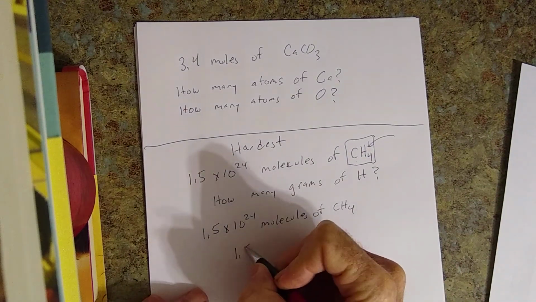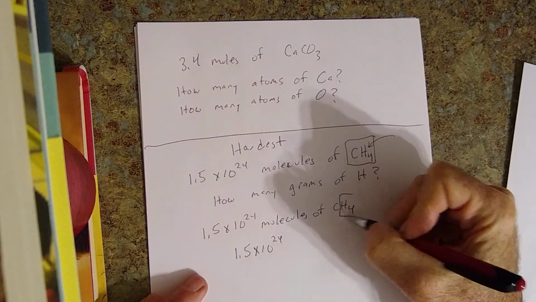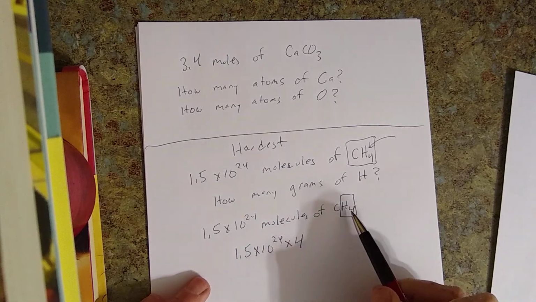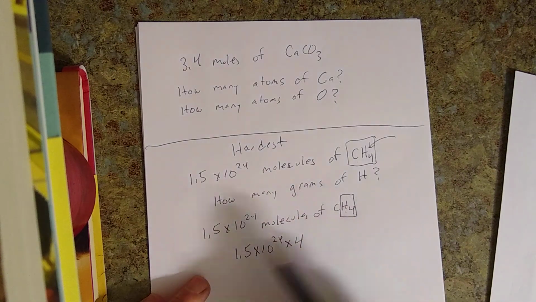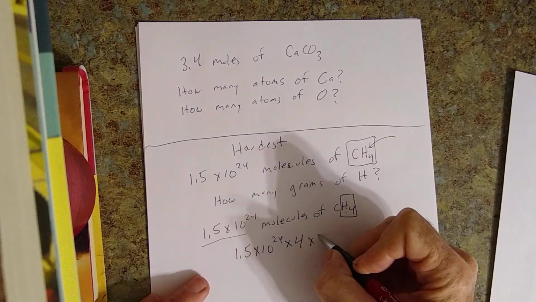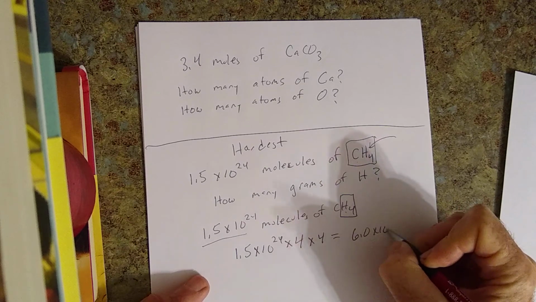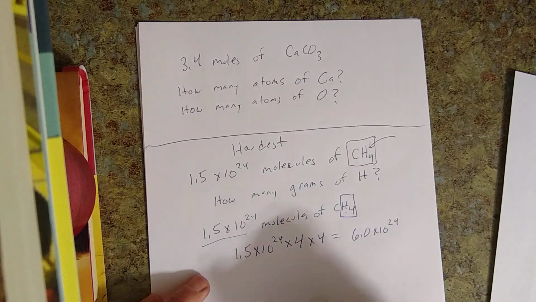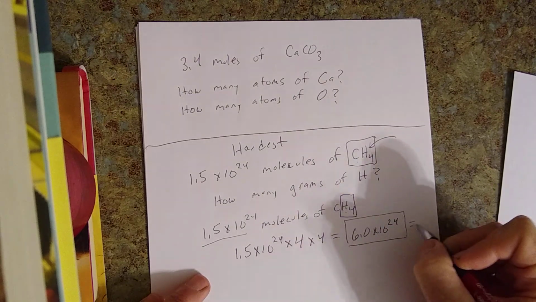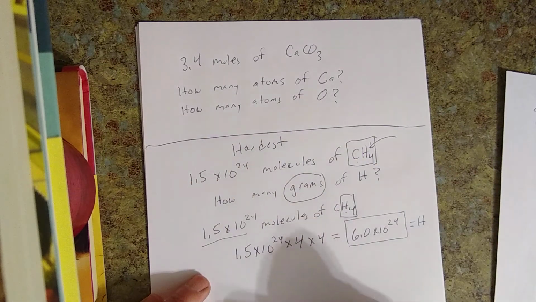So we would take this number, 1.5 times 10 to the 24th, and to find out how many atoms of hydrogen we have, we would multiply that times 4, because there's 4 hydrogen atoms on every one of these. So if we multiply that times 4, that would give us 6.0 times 10 to the 24th. So that's how many atoms of hydrogen you have. But I said, how much does the hydrogen weigh?